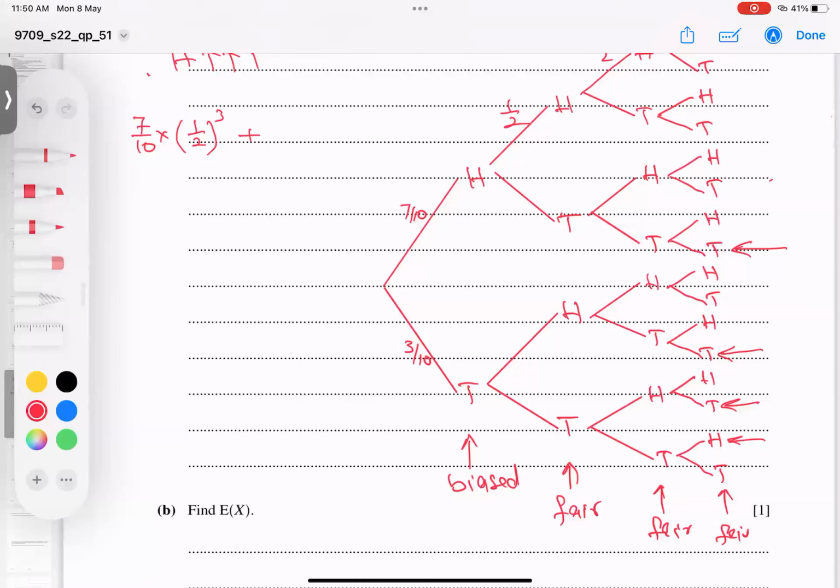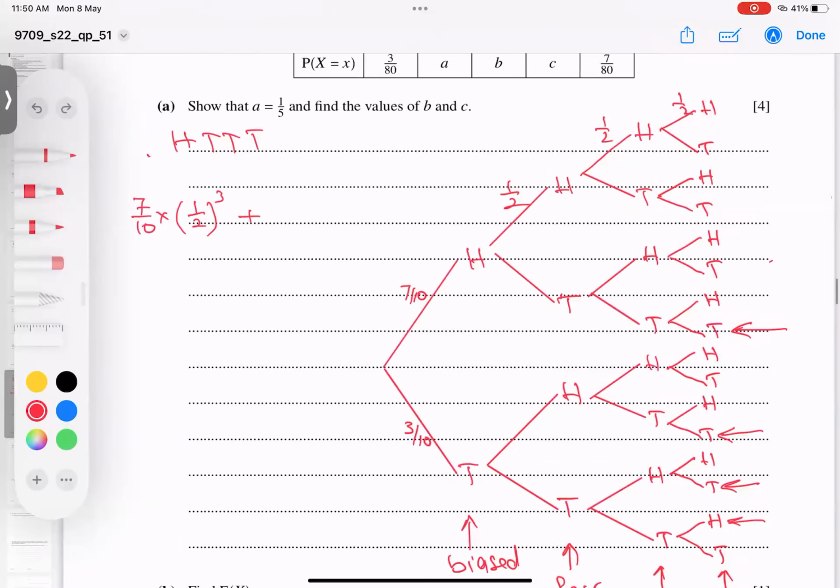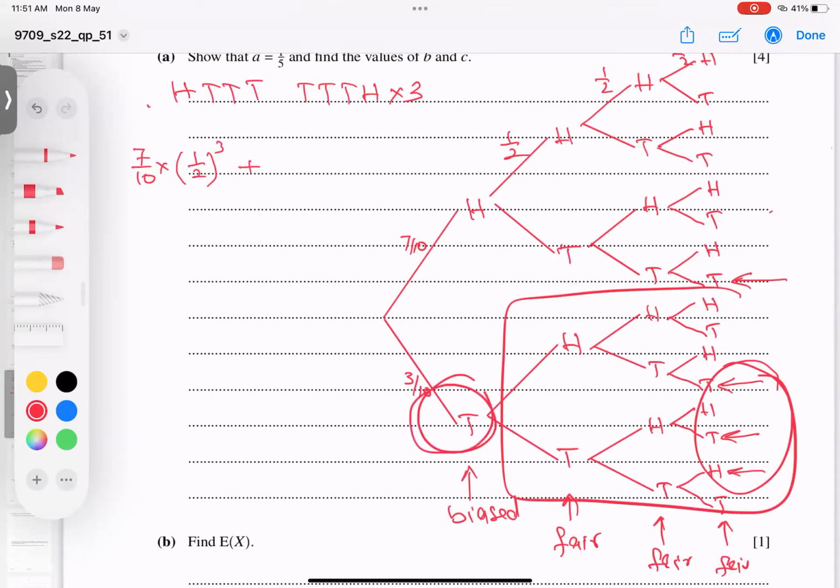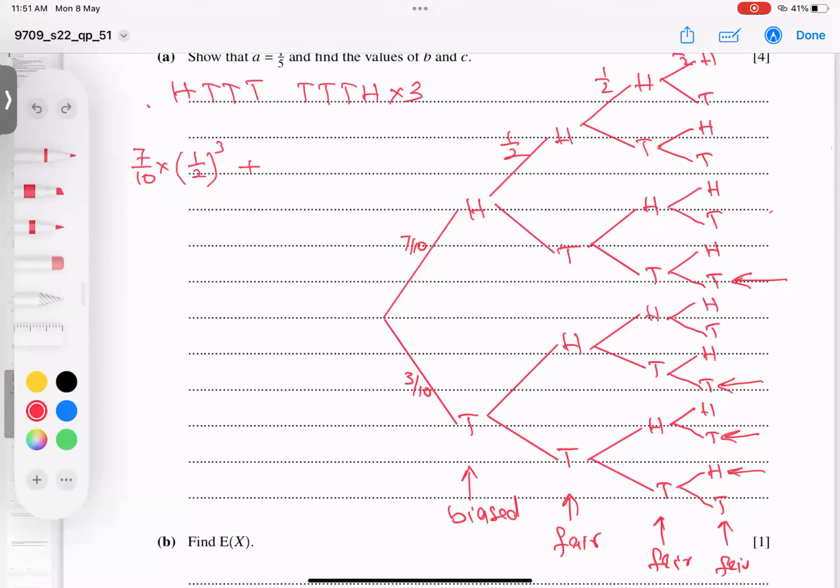But make sure all three branches generate from a tail of the biased coin, so it means tail, and head into three. Why into three? Because they are all generating from here, when a tail comes in the biased coin. I hope you got the idea.